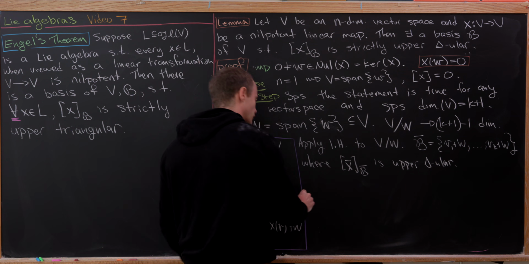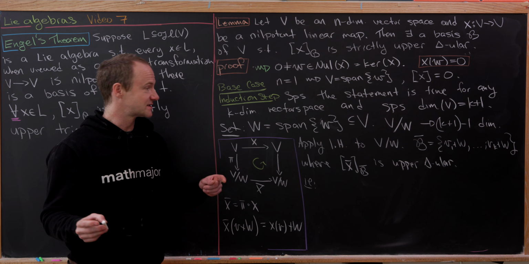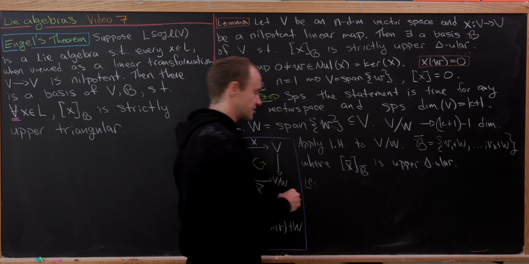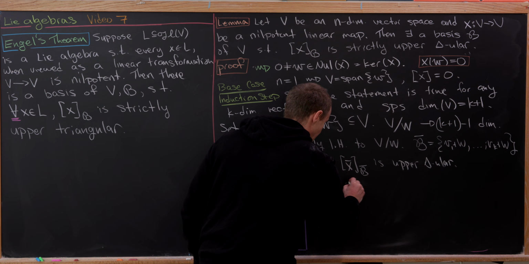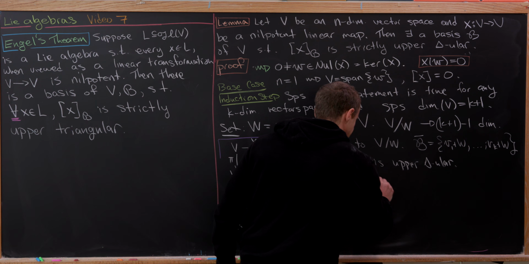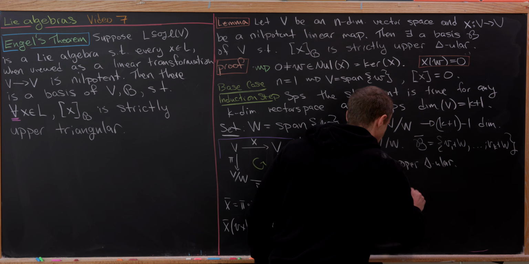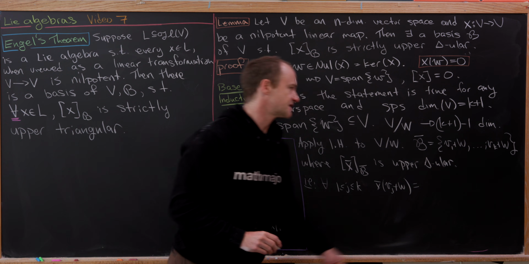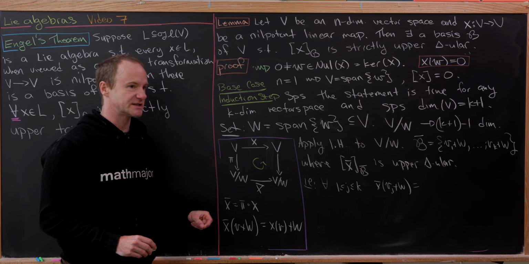Great, so again, that's just applying the induction hypothesis. But what does that really mean? It means we have the following fact about how x bar acts on these basis vectors. For all j between 1 and k, x bar evaluated at vj plus W is only going to depend on the v's that are v1, v2 up to vj minus 1.